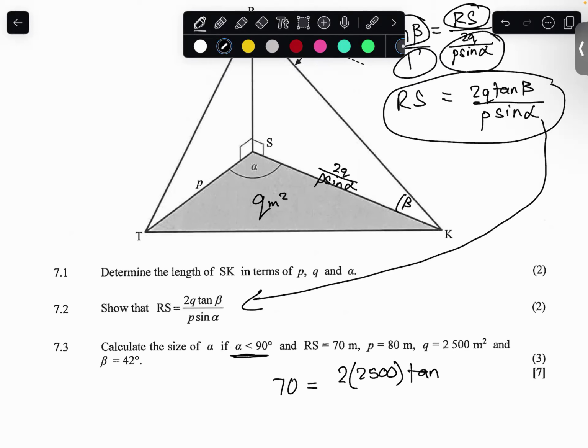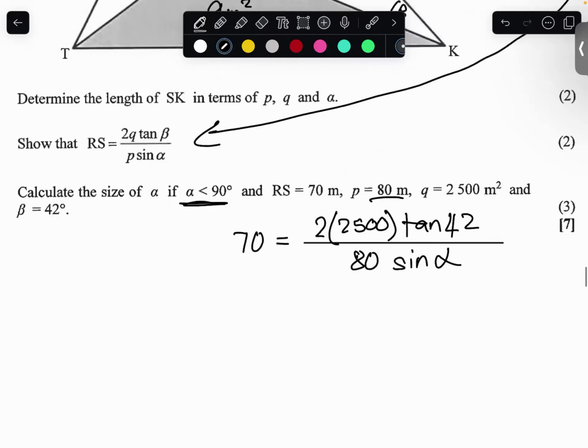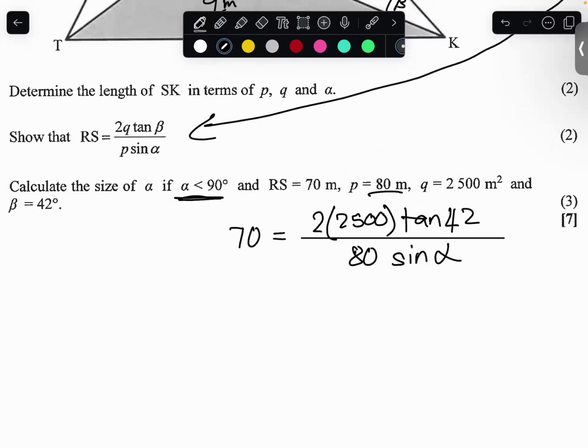Tan beta, beta is 42. All over P, which is 80, sine alpha, which is what I'm looking for. Right. And then at this point, I just need to manipulate this in order to solve for sine alpha. So the first thing I'm going to do is take this 80 up. Oh dear. Hold on.